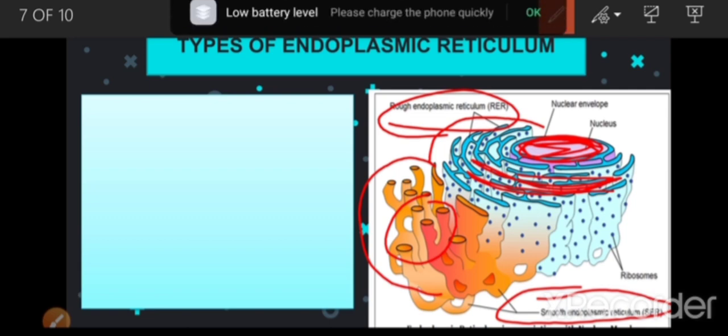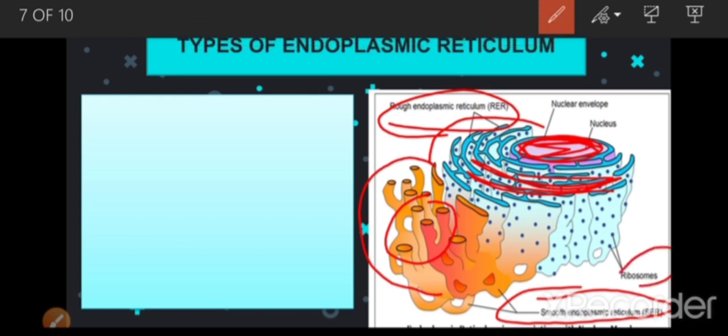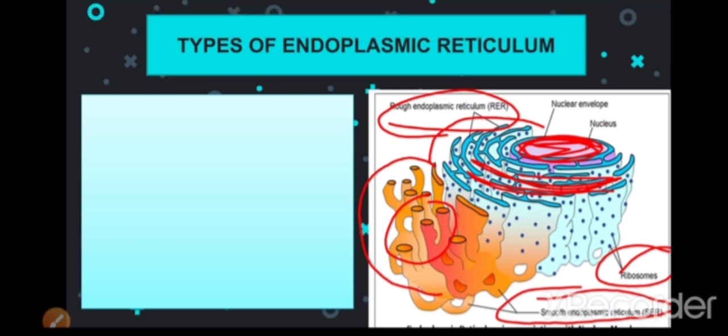On the sky blue structure you can see dots present. These dots are nothing but the ribosomes. Is it clear? So based on the presence or absence of ribosomes over the surface of endoplasmic reticulum, the endoplasmic reticulum is of two types.